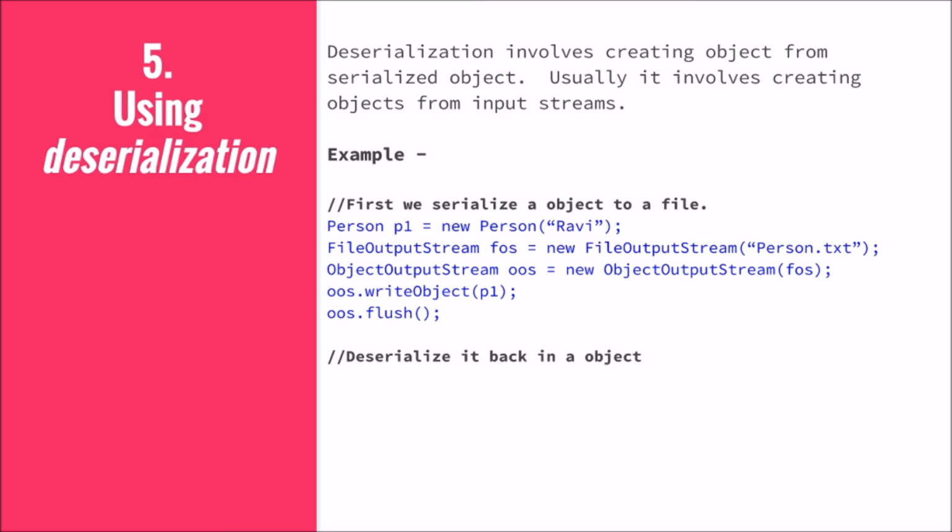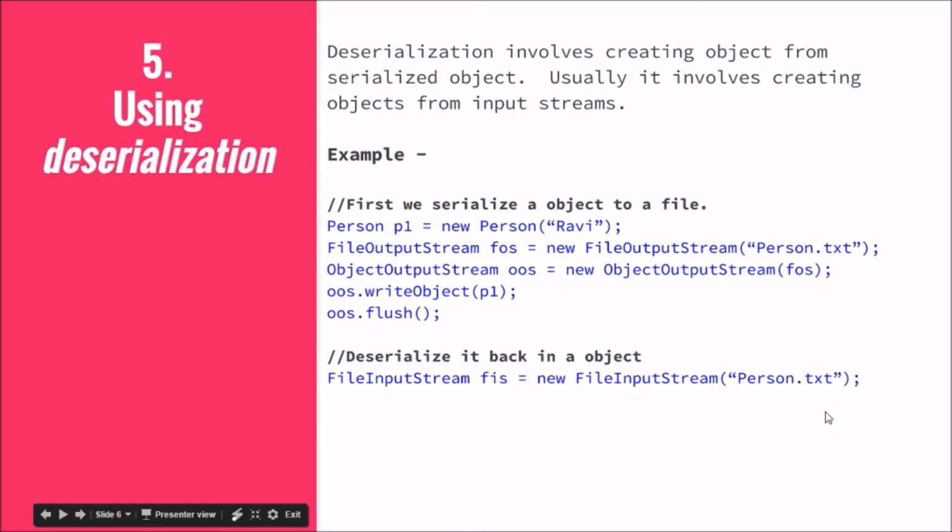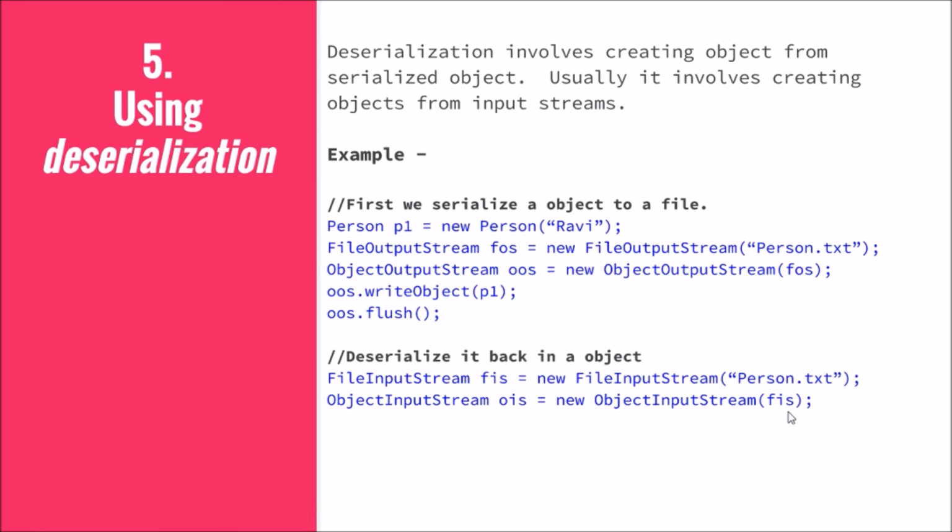Now I want to read it back. So how do I do it? I say FileInputStream equals new FileInputStream, and I say that I want to read back person.txt. Then I have to associate an ObjectInputStream, which is the opposite of ObjectOutputStream, and attach this FileInputStream. That means it will read whatever is there in the FileInputStream and the ObjectInputStream will have access to that.